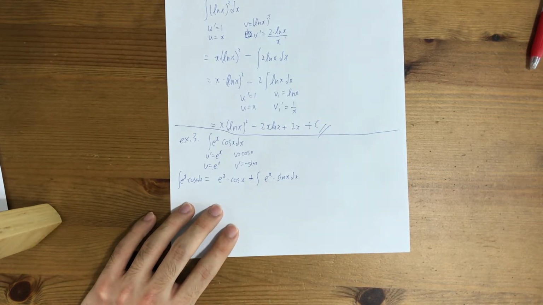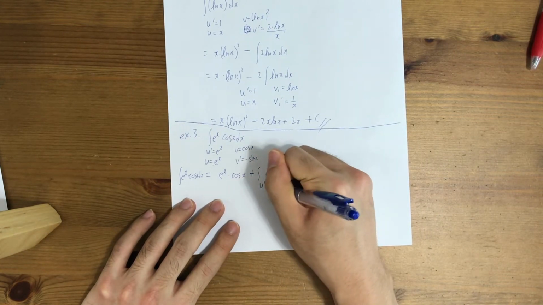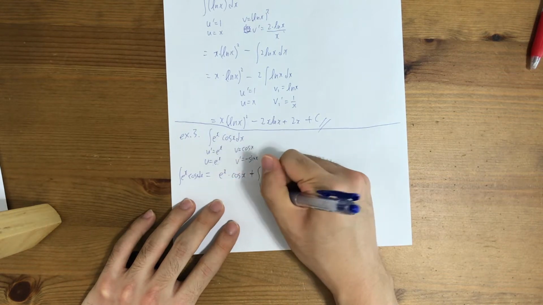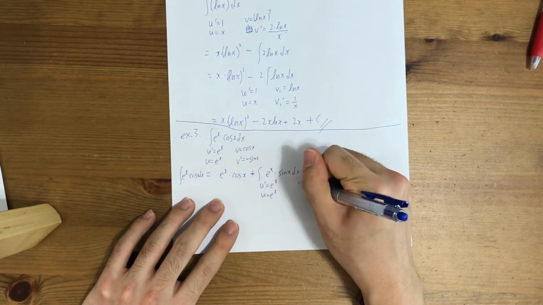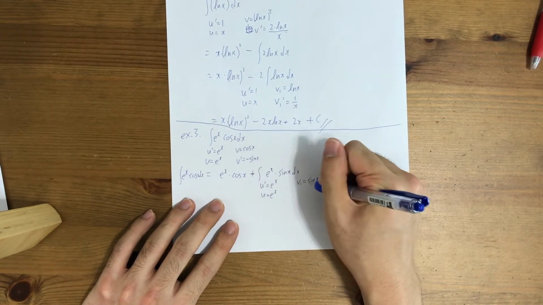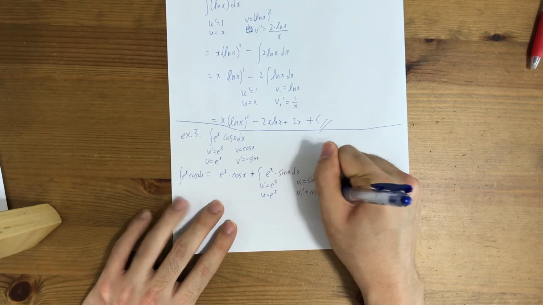So maybe let's try to do it one more time. Still we can let u prime be e to x, because it's the same function. But this time we use v1 for sine x, because v is cosine x. So v1 prime is cosine x.